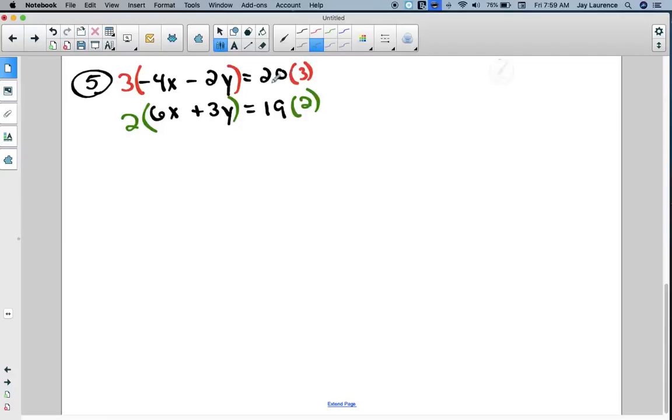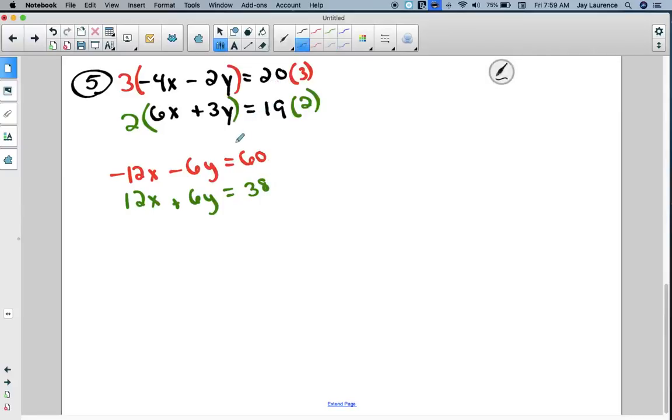In this case, that would be silly because it would change signs that I don't want to change. Okay, so my top equation is going to look like this: -12x minus 6y equals 60. And my bottom equation is going to be +12x, that's cool, I like that, plus 6y, and that's going to equal 38.